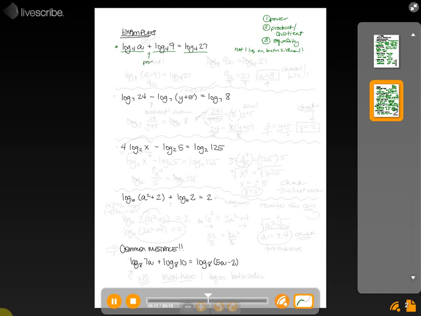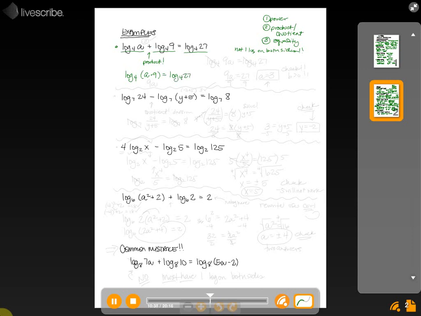Plus means that we're going to use the product property. Product property means we're going to multiply what we're taking the logs of together. So it's going to become log base 4 of a times 9 equals log base 4 of 27.